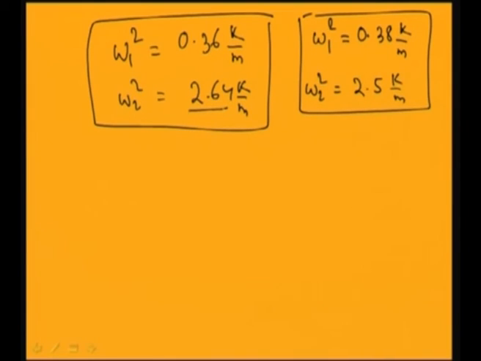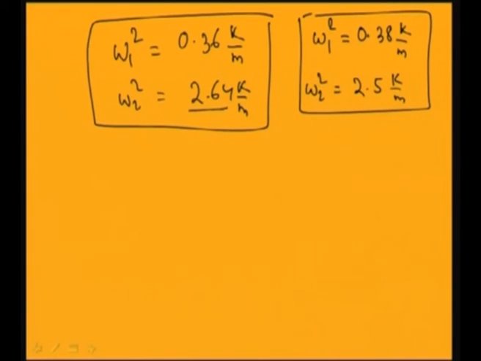If you calculate the error, 2.5 minus 2.64 divided by 2.64, you can obtain the error. So you are getting 0.05, so if you multiply this, in the second mode you get 5% error, and in the first mode it is 0.02.